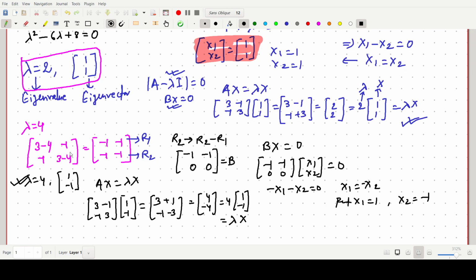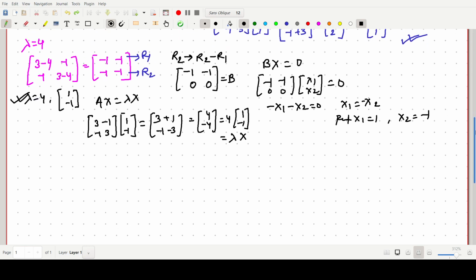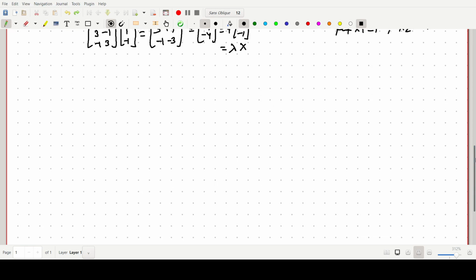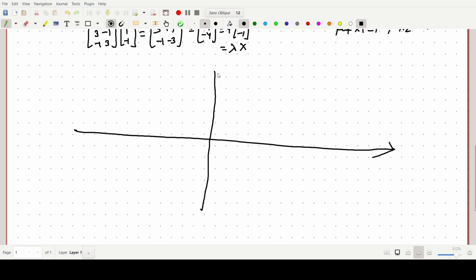Now next, the very important thing: how to plot this. To plot such an eigenvalue and eigenvector, we first take the x and y axes.